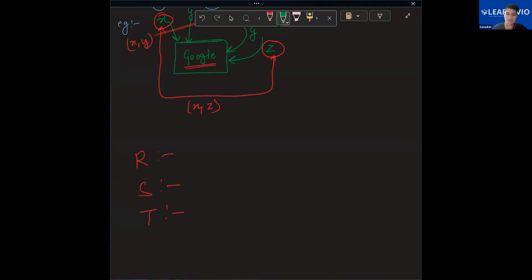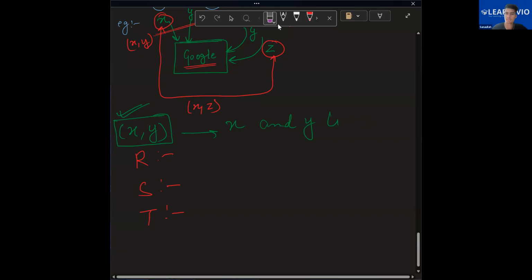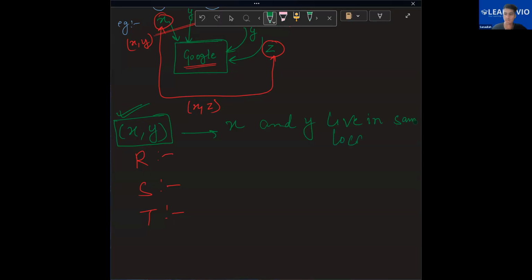But we have the statement that x and y live in the same locality. ठीक है?